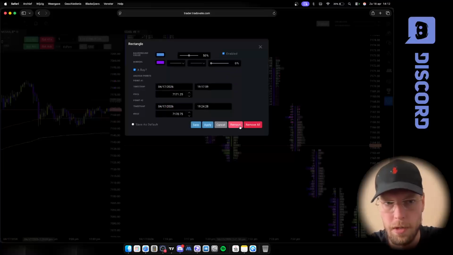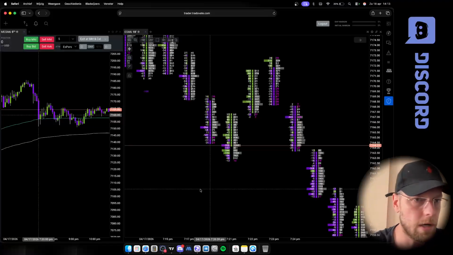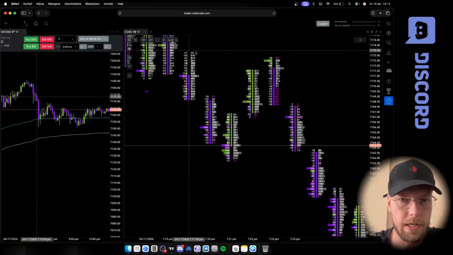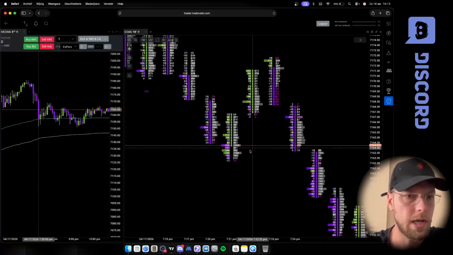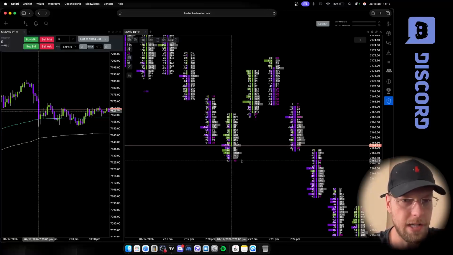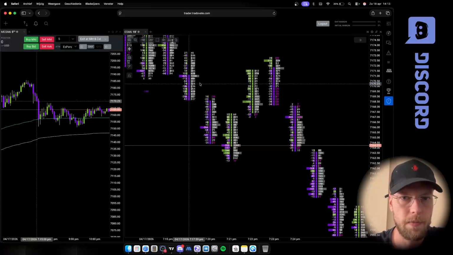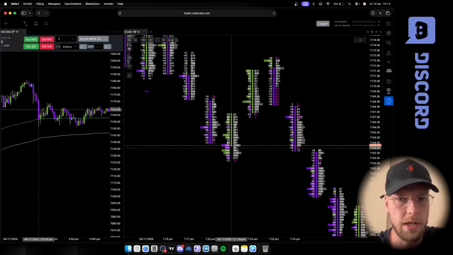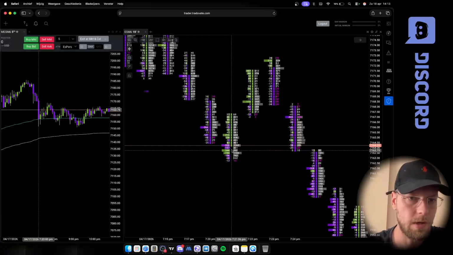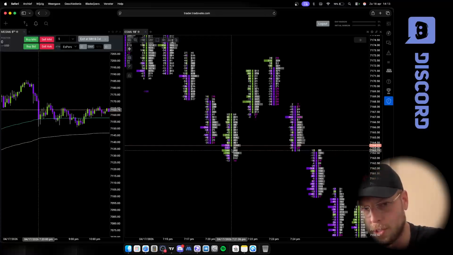Doesn't matter because it's all about understanding what I'm telling. So let's say there was a key level here. We are going down. We have huge negative delta, and you can see literally here the first time we shift from negative delta to positive delta.